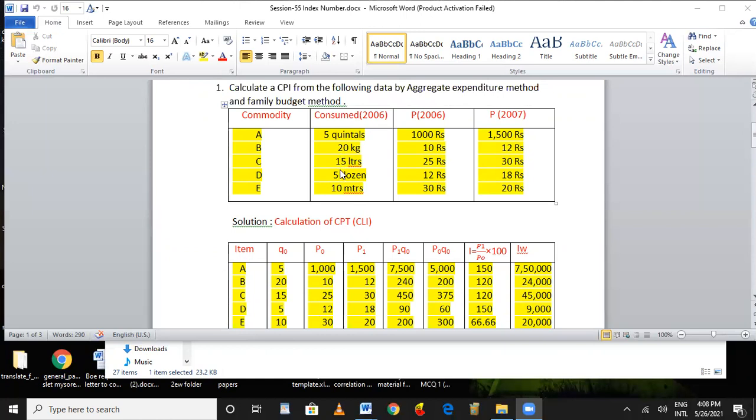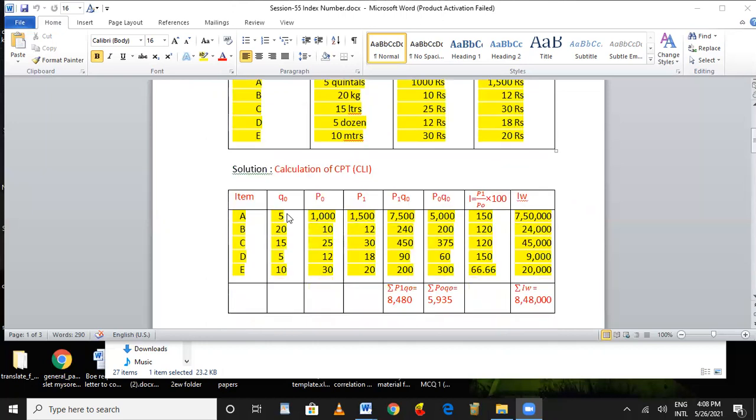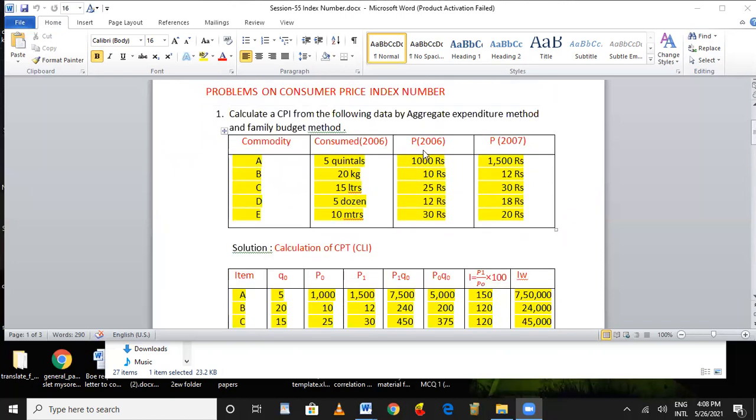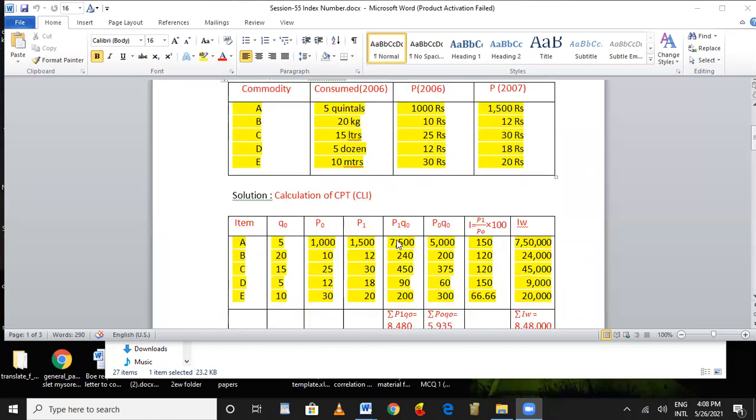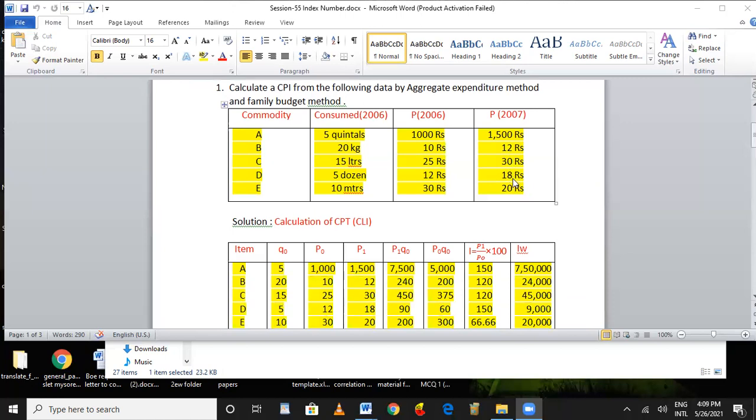For the aggregate expenditure method, we consider the quantities also: 5, 20, 15, 5, 10. The base year prices 1000, 10, 25, 12, 30 are considered as P0. The prices for 2007, 1500, 12, 30, 18, 20, are considered as P1. P1 means prices for the current year.